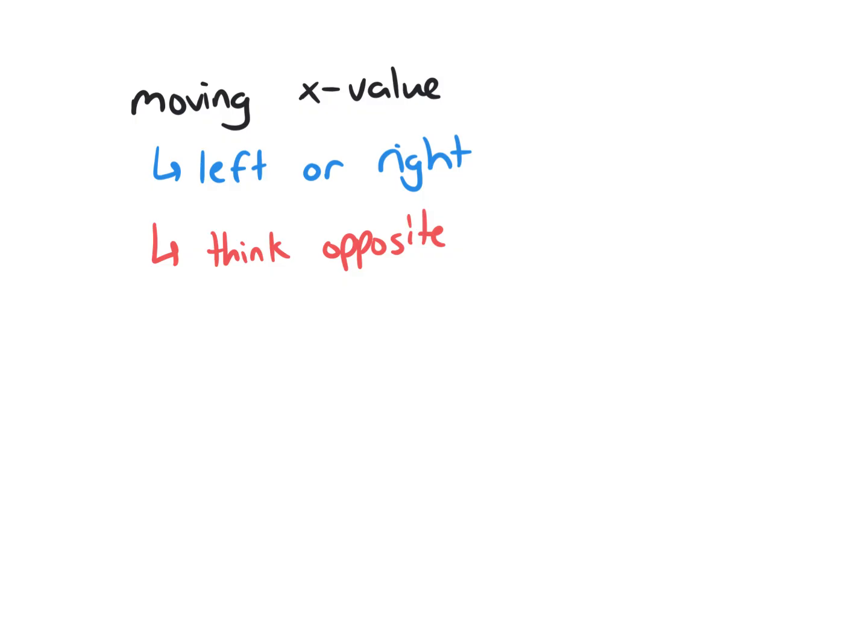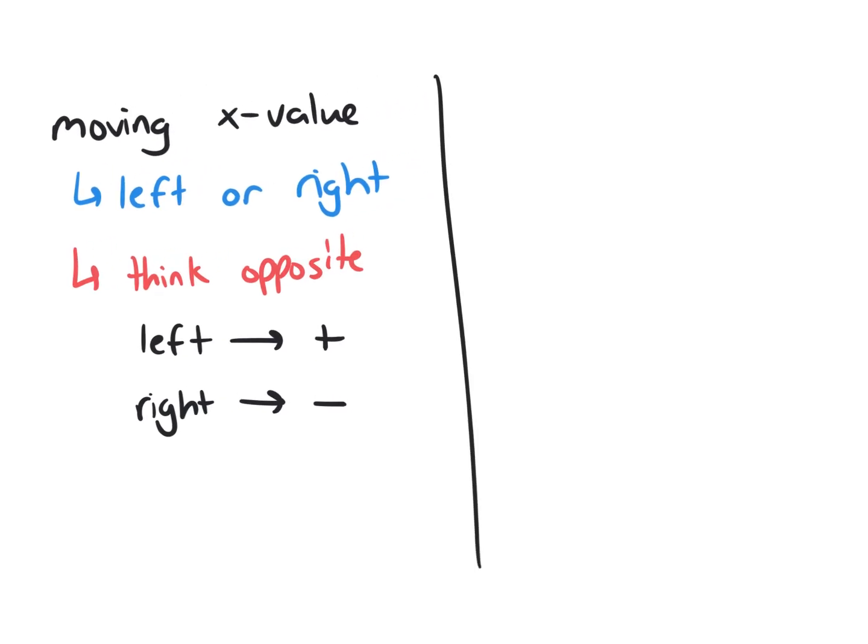What I mean by that is if we are moving to the left, are we adding or subtracting? You want to say subtract, but we need to add. And if we are moving to the right, you want to say add, but we need to subtract. Exactly. So that's if we're moving the x value.